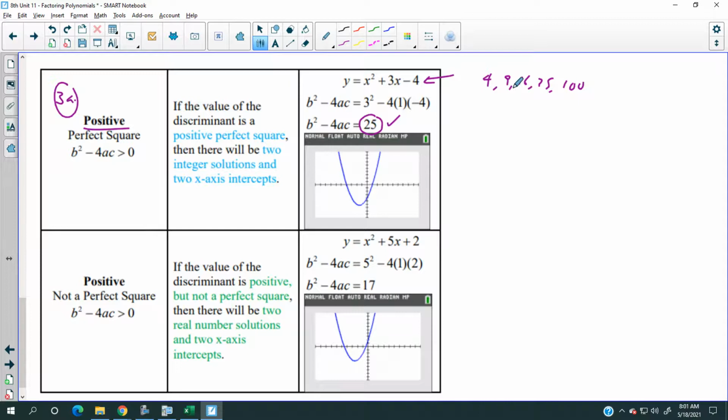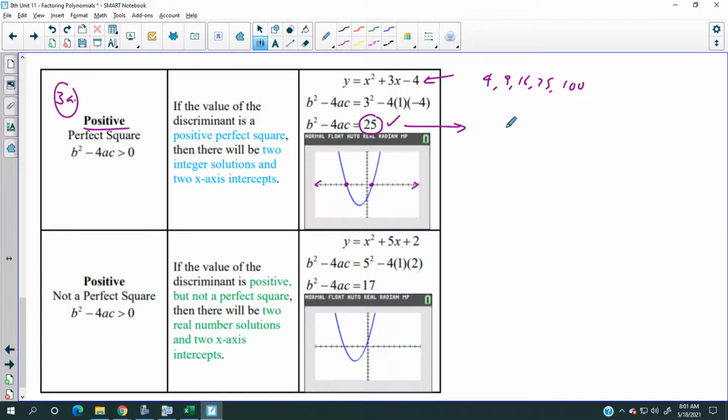If you get those, you're going to get a two-solution answer where the graph goes through 2 points on the x-axis, and although the discriminant is not the answer, your answer is going to come out as a whole number.